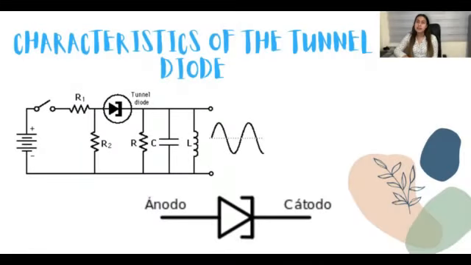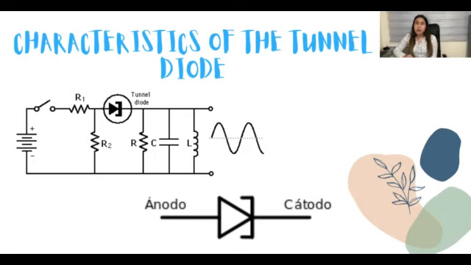When reverse bias is applied, the Fermi level of the p side becomes higher than the Fermi level of the n side. Therefore, electron tunneling from the p-side valence band to the n-side conduction band takes place.